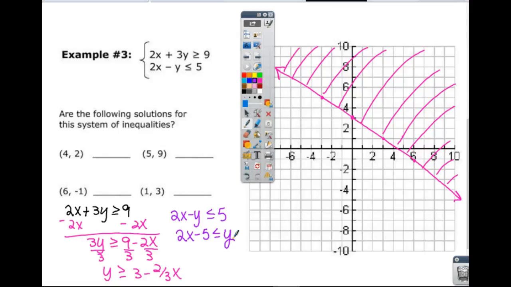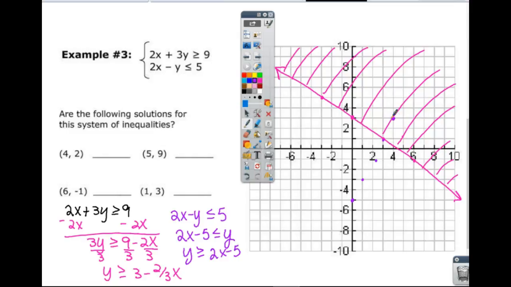It's all good. This time, y is on this side though, so I want to rewrite it. So y is greater. I'm going to start at minus 5, go up 2 over 1, up 2 over 1.